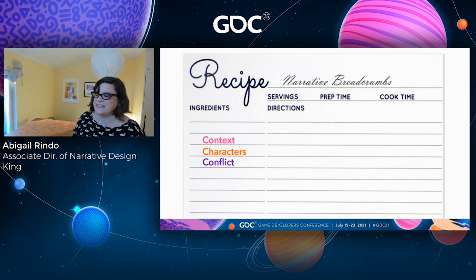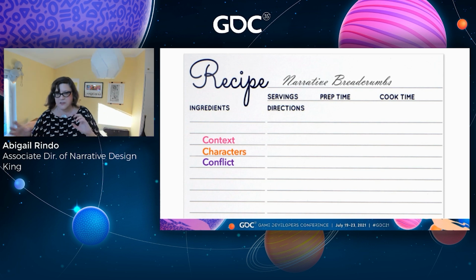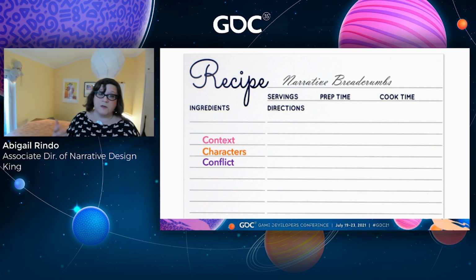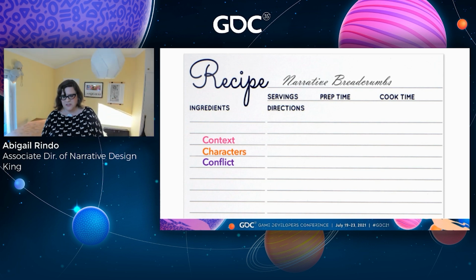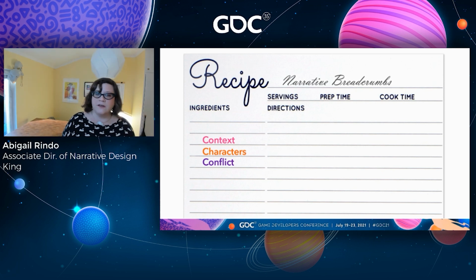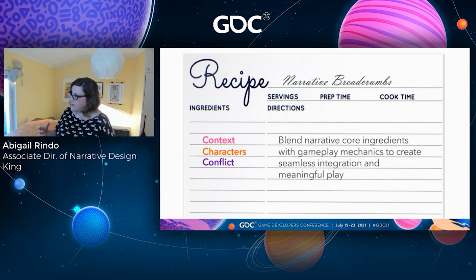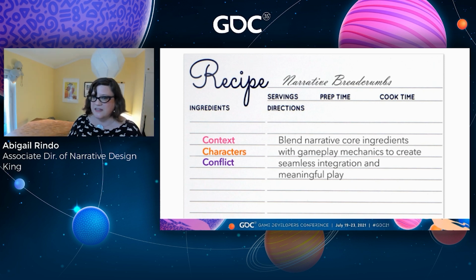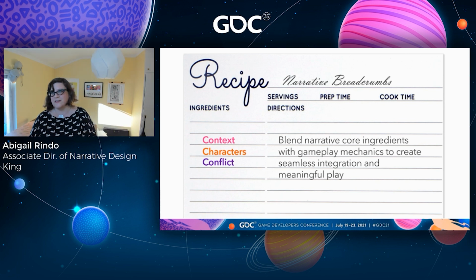Each game and event is different, so the amount of these ingredients is going to vary. It should vary. You'll need to experiment and discover what blend works best for you. But once you have the right blend of those ingredients, you can start to blend them in with your gameplay mechanics and event structure to seamlessly build the strength of the event and hold all of those pieces together.